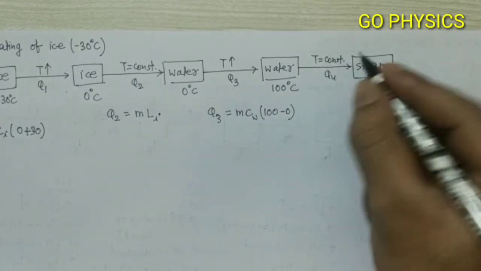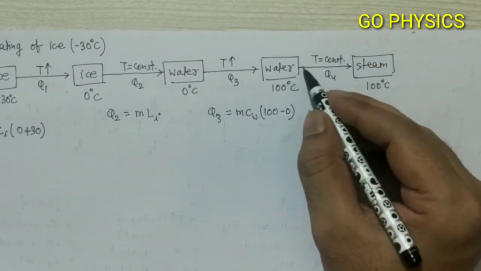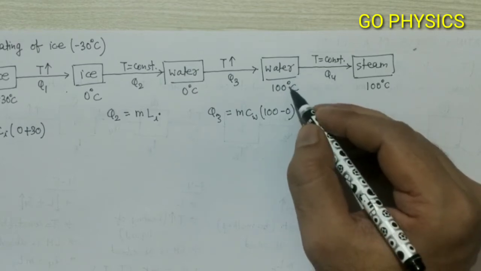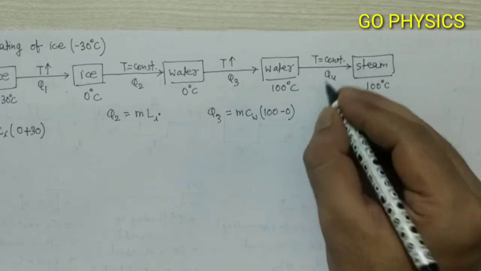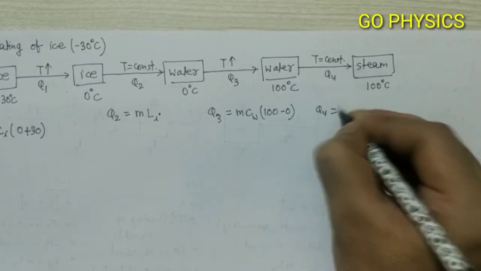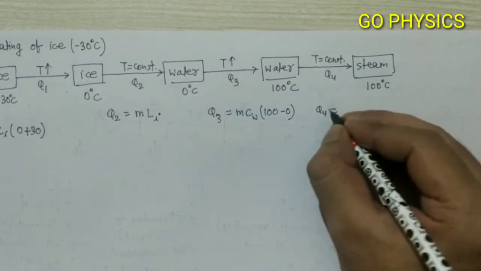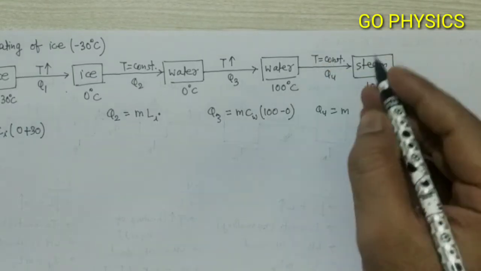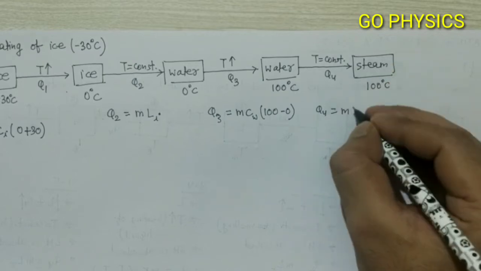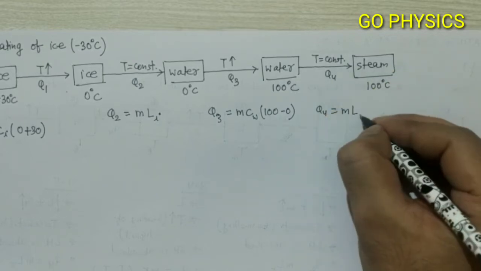Suppose Q4 is the amount of heat absorbed by the water at 100 degrees Celsius to get converted into steam at 100 degrees Celsius. Since temperature of the system is not changing, so Q4 will be latent heat. And what is the amount of latent heat? Mass of the water or mass of the system multiplied by latent heat of vaporization of the water.